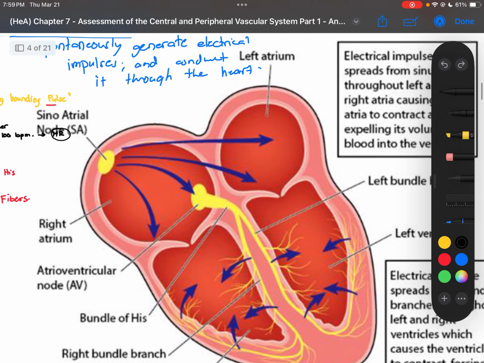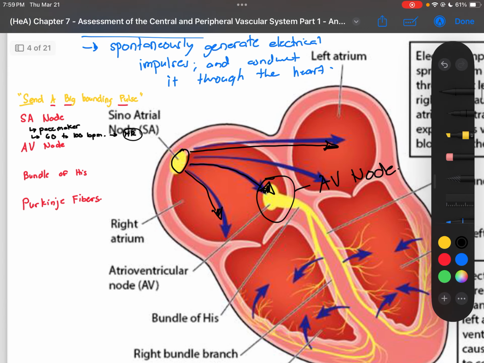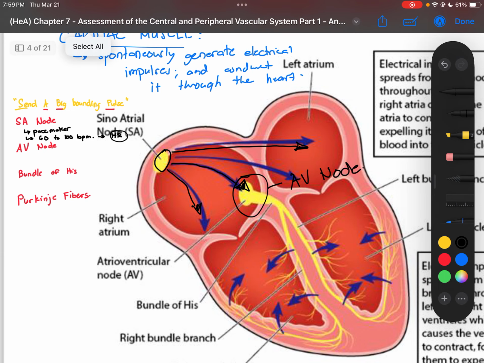What happens is this: the SA node will generate electrical impulses and send them first to your atria, your left atrium and your right atrium. But it will also send those impulses to our next node, our AV node.